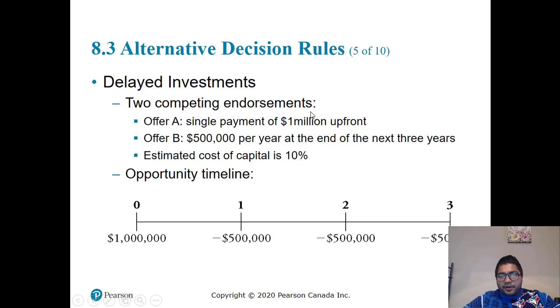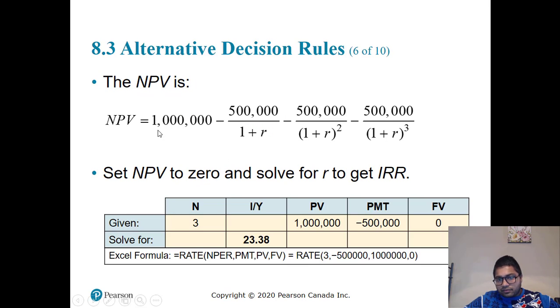Example: two competing endorsements are there. You have offer A, a simple payment of $1 million, and offer B, $500,000 at the end of each of 3 years. Estimated cost of capital is 10%. So you can calculate NPV. The 1 million is the cost and these are the benefits. So benefits minus cost.